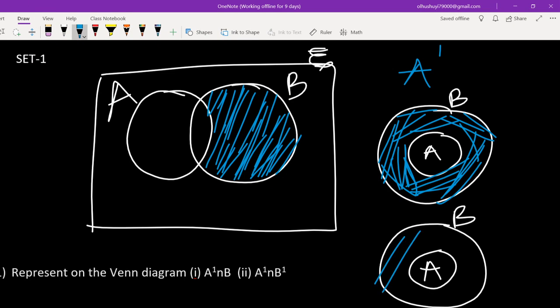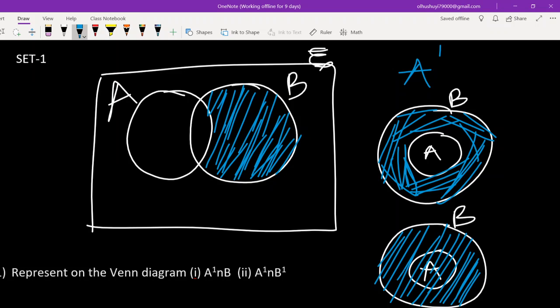So you're going to have this. Do you see that? That's A union B.